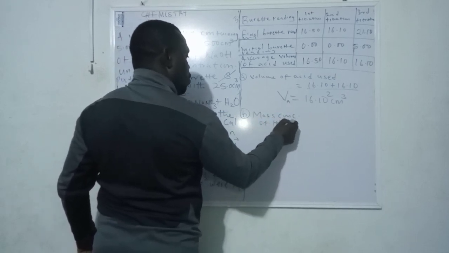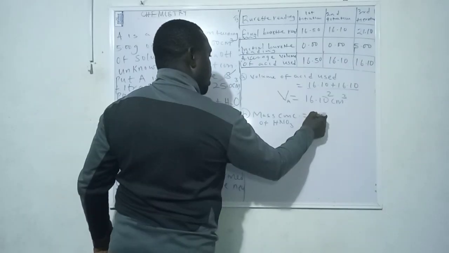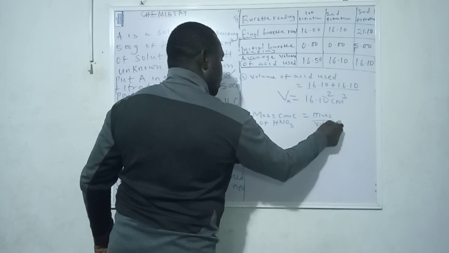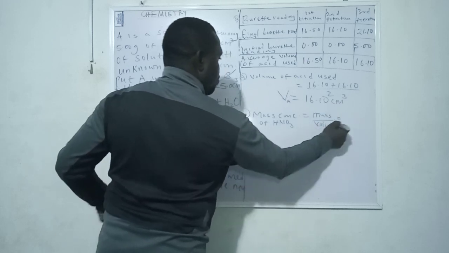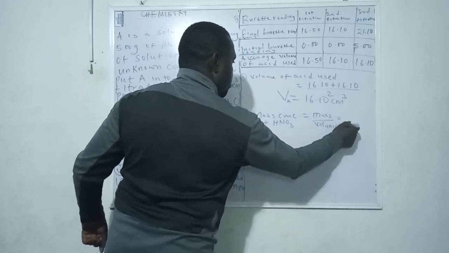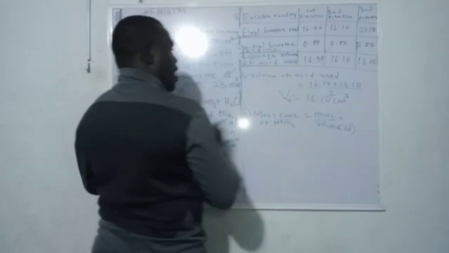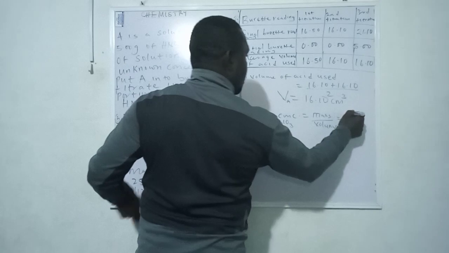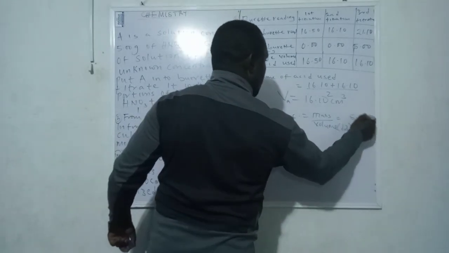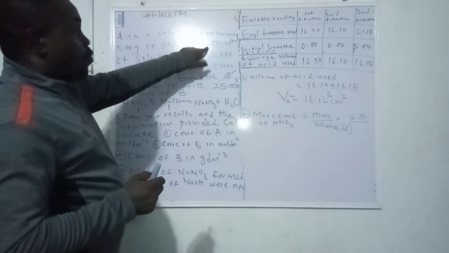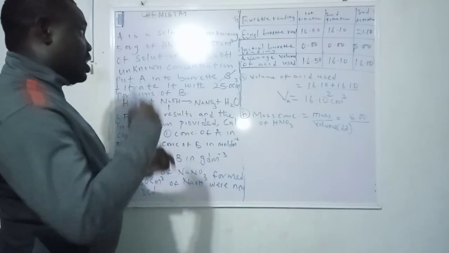So the mass concentration of HNO3, remember this is the formula I use, and the volume is usually in dm³, not in cm³. Please take note. The mass is given here as 5.00, and then what happened to the volume here? The volume is in cm³, I will convert to dm³.